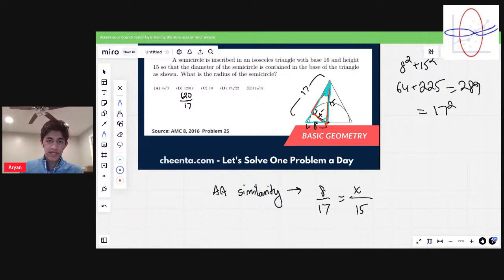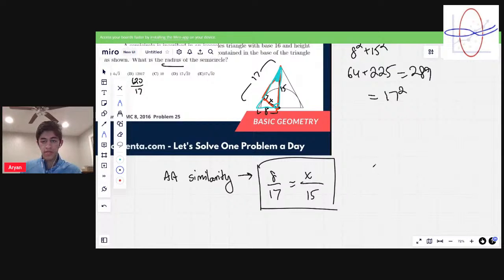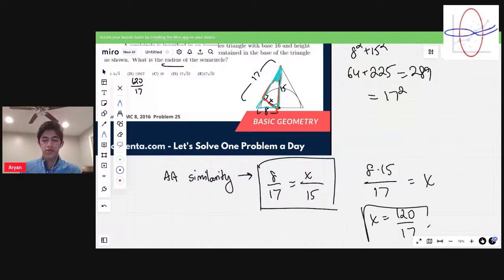Notice that x is actually what we want to find, because x is the radius of the semicircle. Because we're asked to solve for x, all we have to do is solve this proportion now, and this isn't hard to do. We get 8 times 15 divided by 17 is equal to x. So x is equal to 120 over 17, and this would be our final answer.